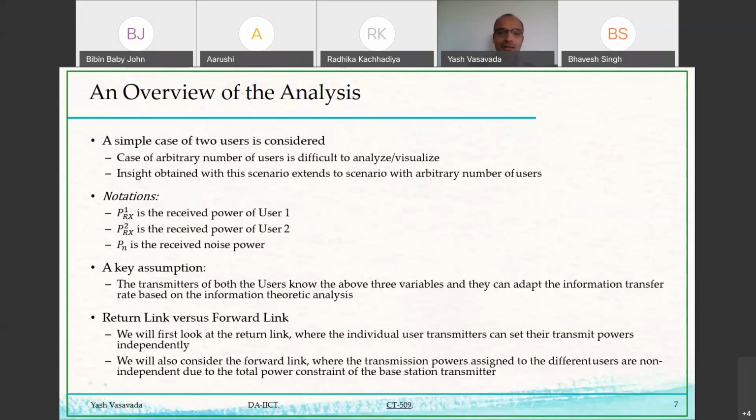And there, the signals going towards different user terminals are conjoined in some sense because they're all transmitted by the same power amplifier that the base station transmitter has. And so there is a certain power limit that acts as a constraint for all of these different user signals. So we'll be looking at the return link first, and then we'll go to the forward link.